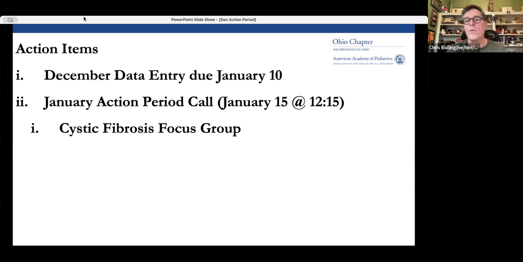There's a lot of questions that the ODH has, and that our cystic fibrosis centers around the state, particularly the ones at our children's hospitals at Akron, Cleveland, Nationwide, Dayton, Cincinnati, all have, are on the receiving end of these patients with questionable cystic fibrosis and actual cystic fibrosis.